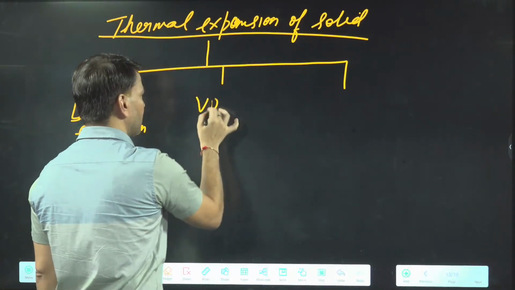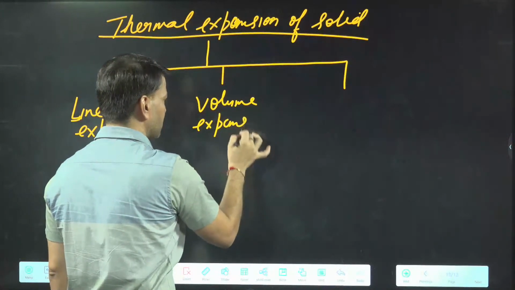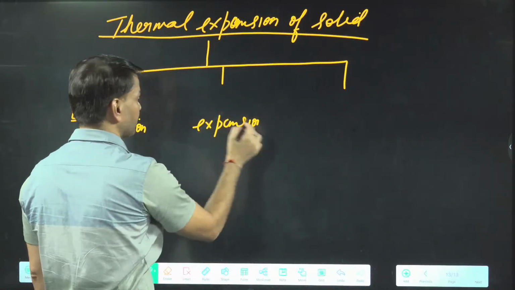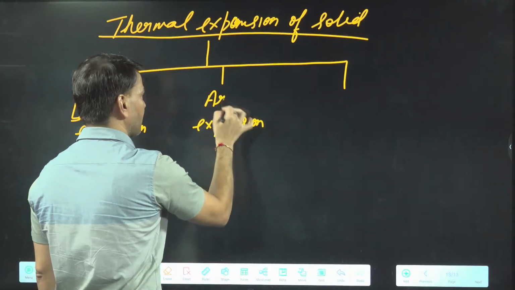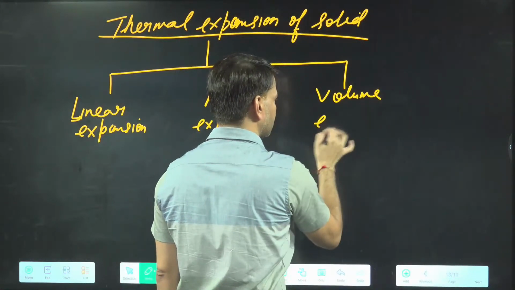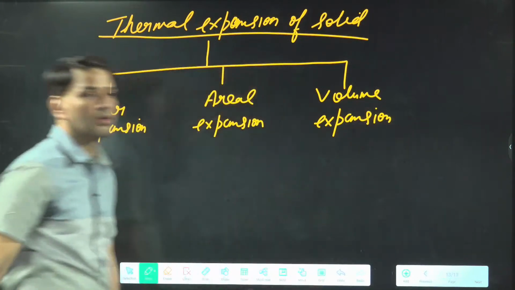So we can say this is linear expansion, then areal expansion first, and then volume expansion. Okay.